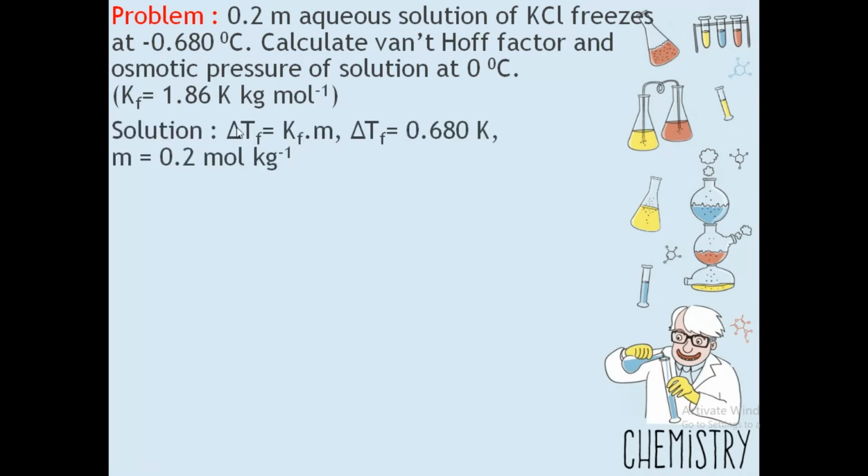So, solution: delta Tf, as we know, depression in freezing point, is Kf into m. Depression in freezing point is equal to the freezing point of solvent minus the freezing point of solution. The freezing point of solvent, water, is 0, minus minus 0.680 degrees Celsius, so the difference is 0.680 Kelvin.